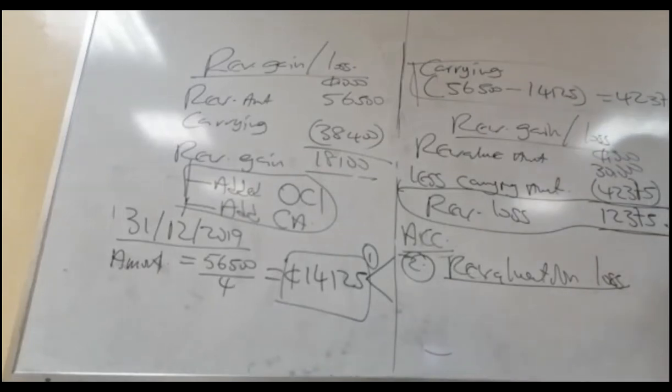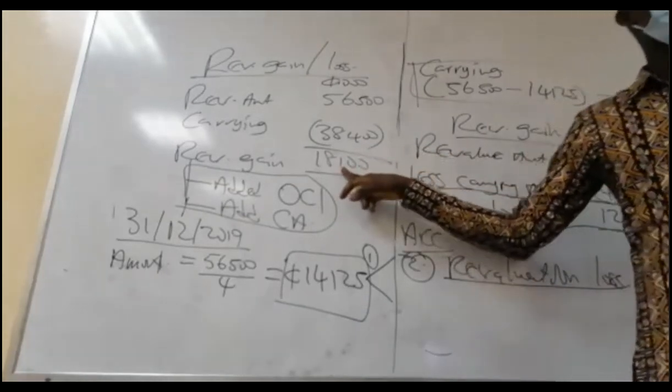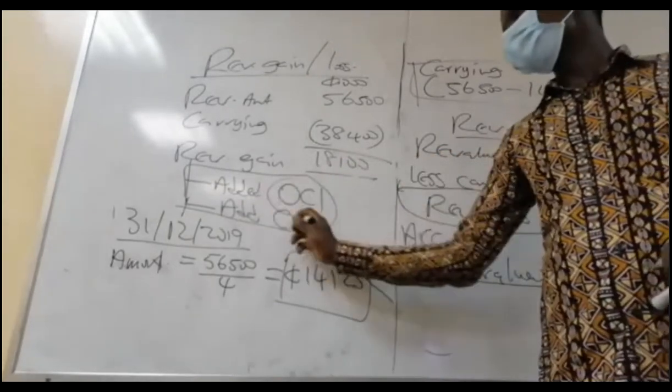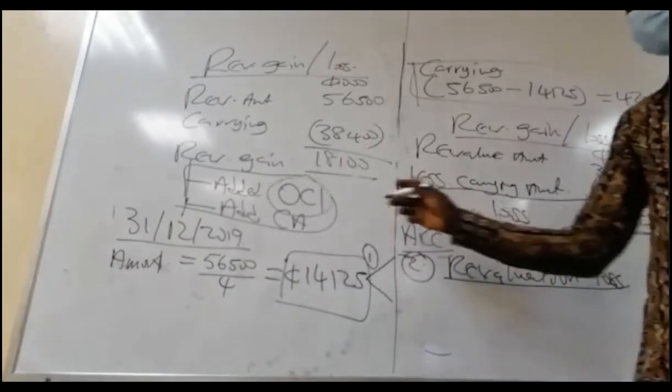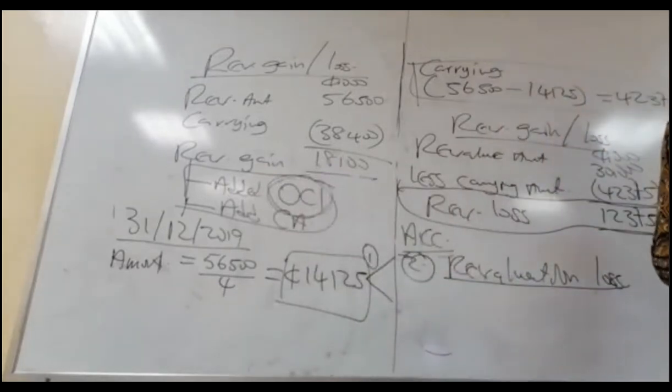Good. So last year we made a gain of 18,100, which was sitting quietly in our OCI, other comprehensive income, relaxing well. And then this year we've made a loss of 12,375.